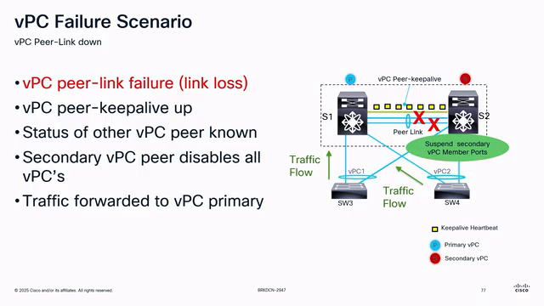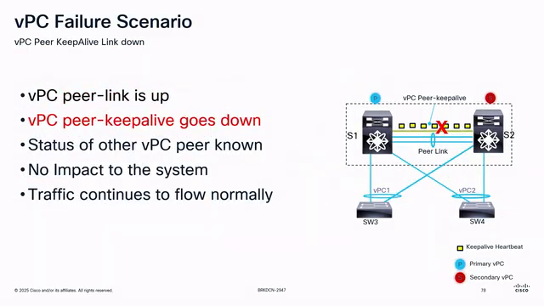So how is the keep alive up to connection? No, the keep alive is running over a different channel. It's not running over the same peer link. So we have two channels: a peer link channel and a keep alive channel. As long as the keep alive channel is up and running, there is no problem. They're independent channels. We keep them for that reason, because otherwise, both become the same problem. I end up in the last scenario, which I don't want to do. So we keep them separate.